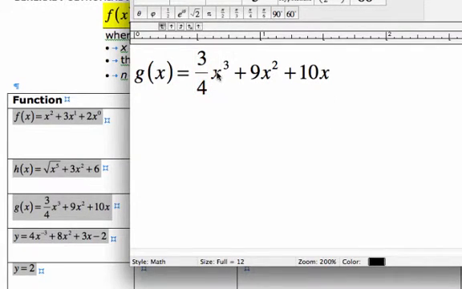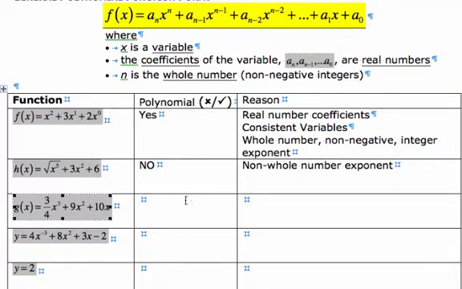We have a consistent variable of x, taken to exponent 3. So we have real number coefficients, we have a consistent variable, and our exponents are all whole number, non-negative integers. This is a polynomial. It meets all three requirements.